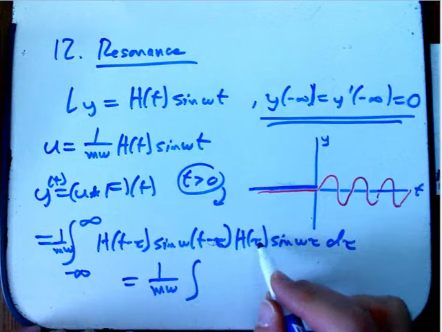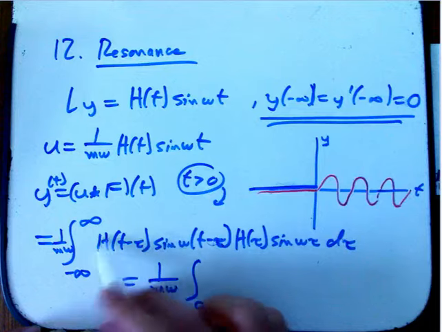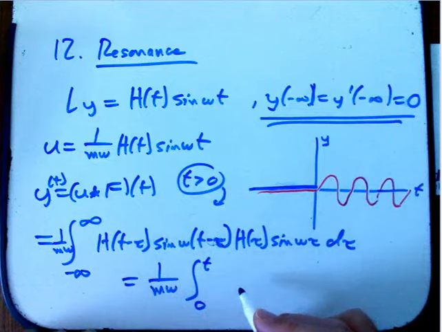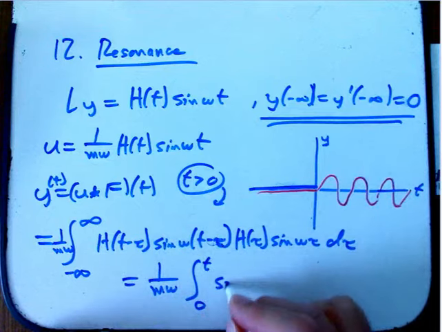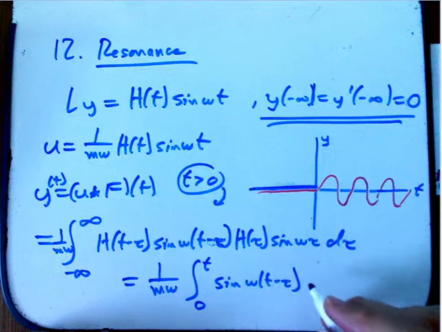This guy is only going to start at 0, and this guy is going to turn off. If tau is bigger than t, that'll be negative, and so it goes from 0 to t. That's what you commonly see as an alternate definition of convolution in the initial value problem setting.